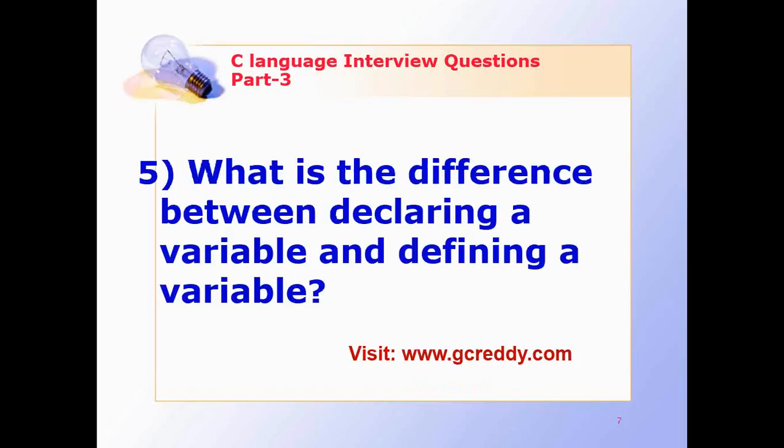What is the difference between declaring a variable and defining a variable? Declaration of a variable in C hints the compiler about the type and size of the variable at compile time. Similarly, declaration of a function hints about type and size of the function parameters. No space is reserved in memory for any variable in case of declaration. Example, int a.